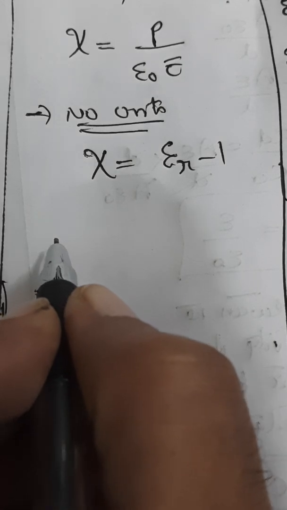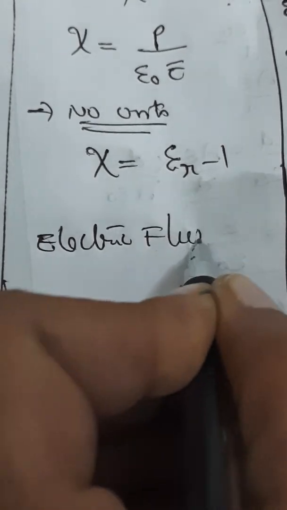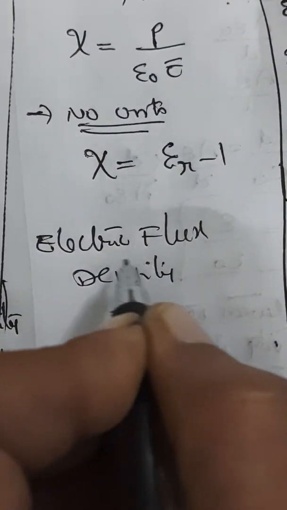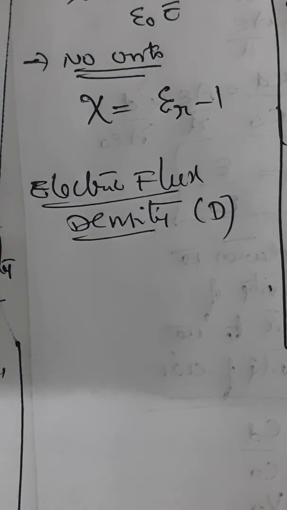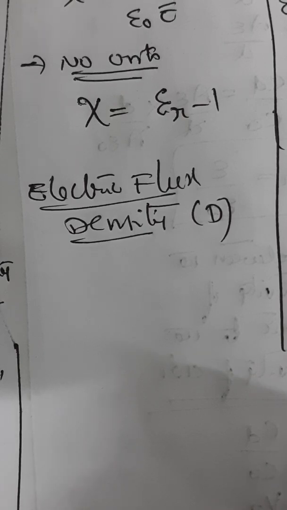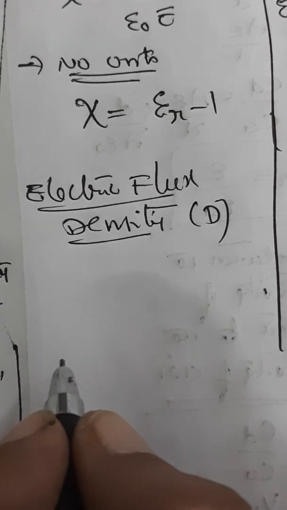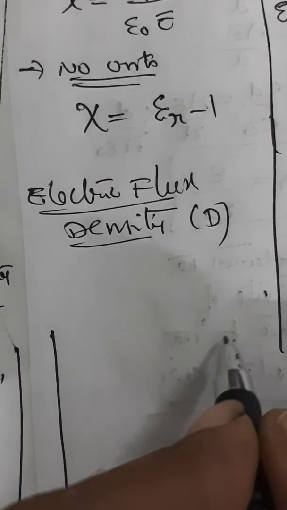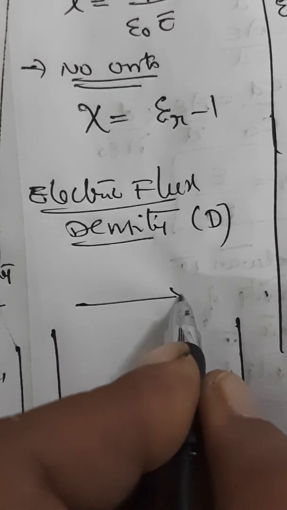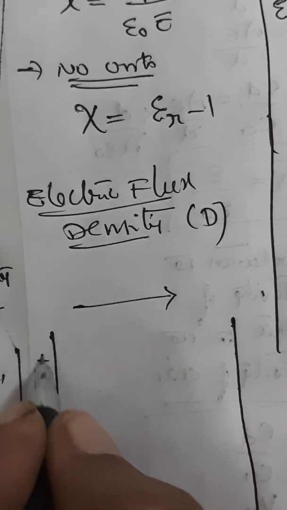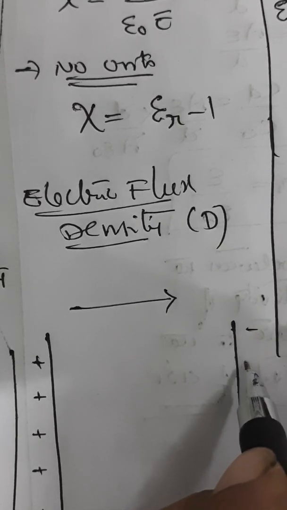And let's look at understanding another definition related to electric flux density, represented as D. For this, what we will do is keep a polarized dielectric in a resultant electric field. Let us say there is an electric field acting here. So there are positive charges in this, with respect to negative charges.